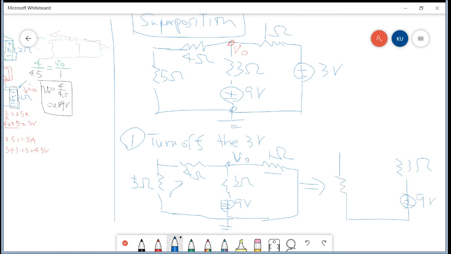This one is 9 ohm parallel with 1 ohm, which is 1 times 9 over 1 plus 9, which is 0.9 ohm. And this one is VO.